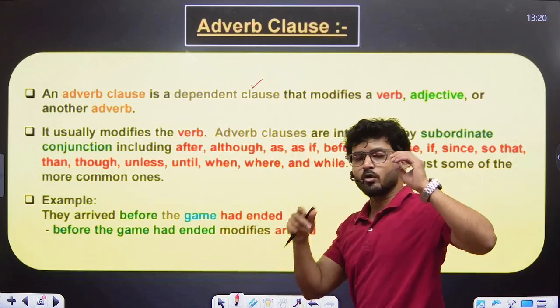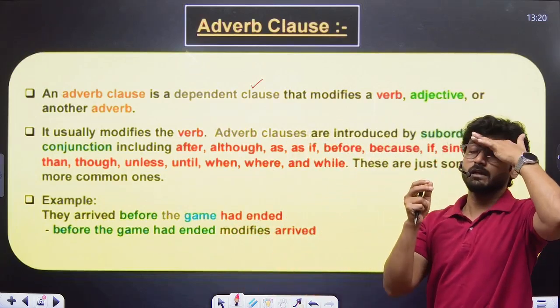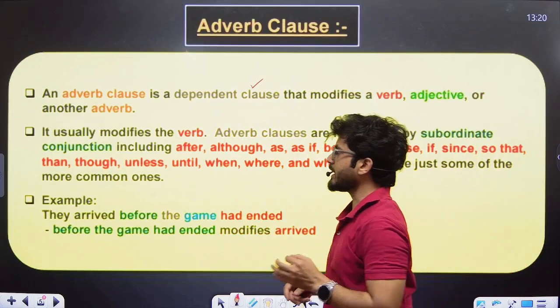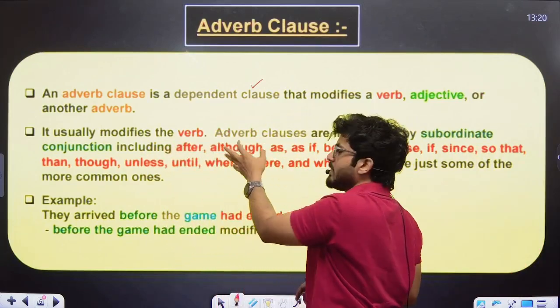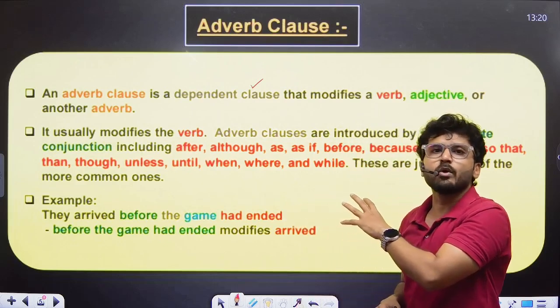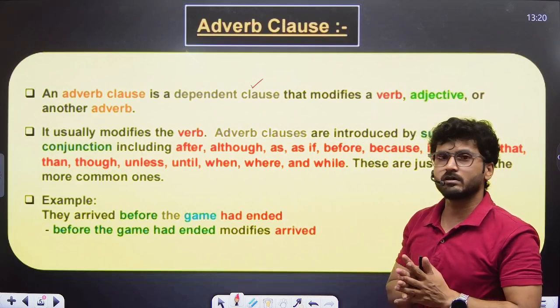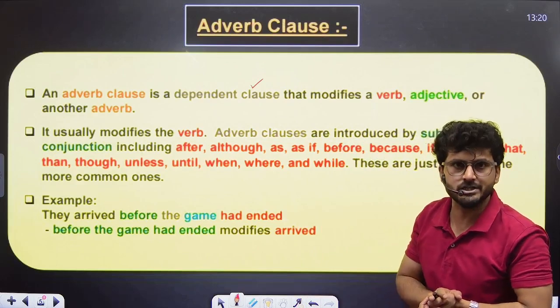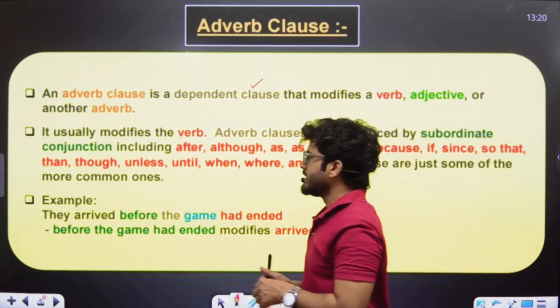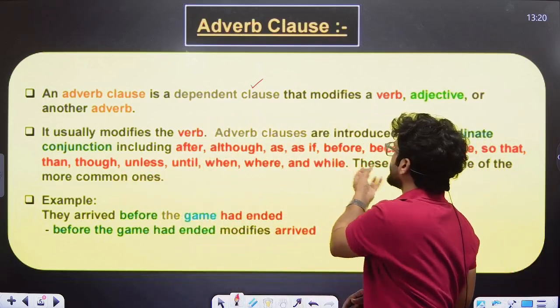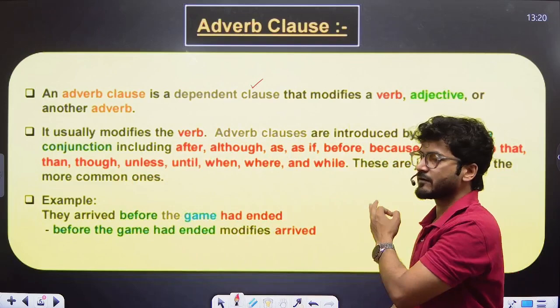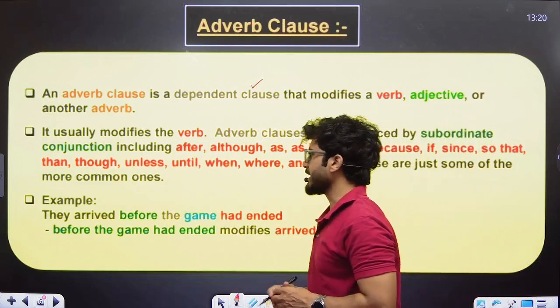Okay, when we solve questions, we will learn these cases more easily. Here also you are going to get the coordinating and subordinating conjunctions. Got it? And some more common examples of those conjunctions which are used in adverb clauses are present here. You should keep them in mind.